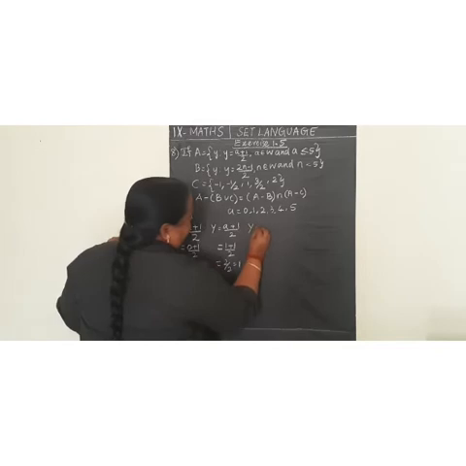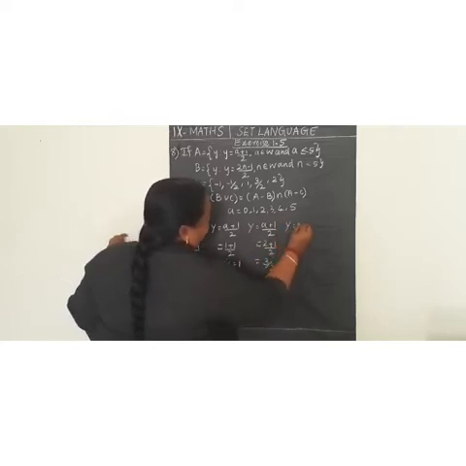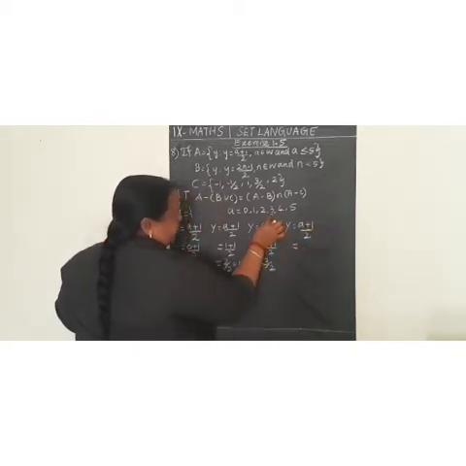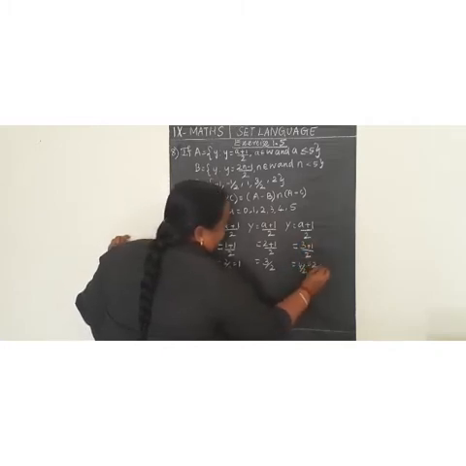Next, substitute 2: 2 plus 1 by 2 equal to 3 by 2. Next, substitute the value 3: 3 plus 1 by 2 equal to 4 by 2 equal to 2.